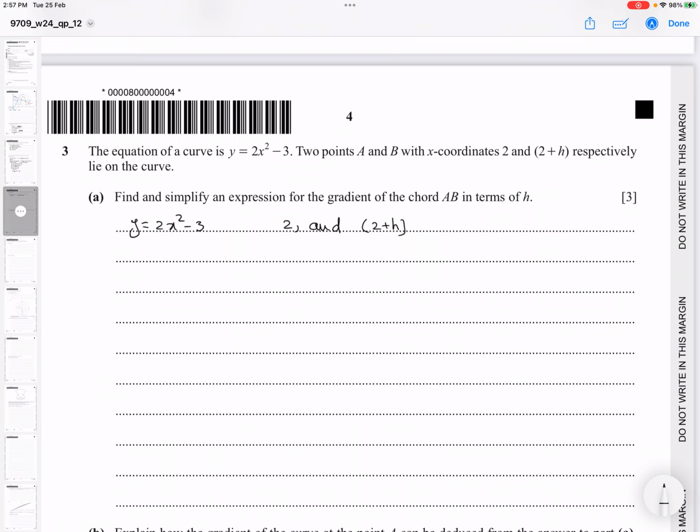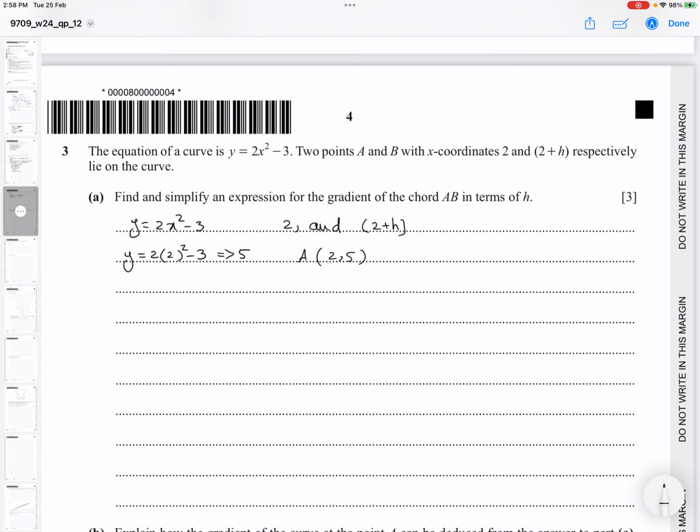So find out the y coordinates also. First put x equal to 2: 2 times 2 squared minus 3. So you get y equals 5. So let's say A has the coordinates (2, 5).